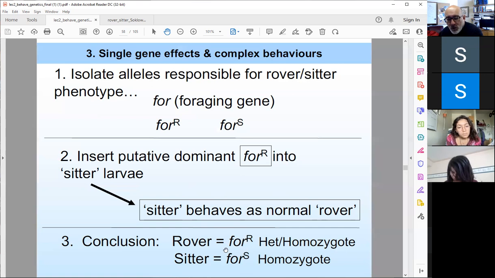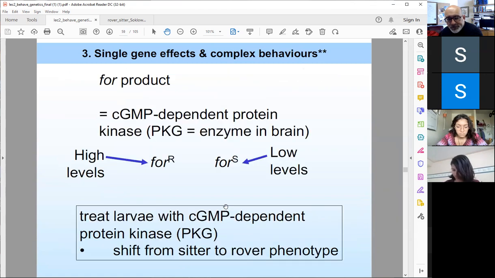Based on this pattern, the rover behavior is expressed by a homozygote and a heterozygote with this foraging rover gene, and only the sitters that are homozygous express the sitting behavior. Now, they've been able to identify the gene product of that gene.